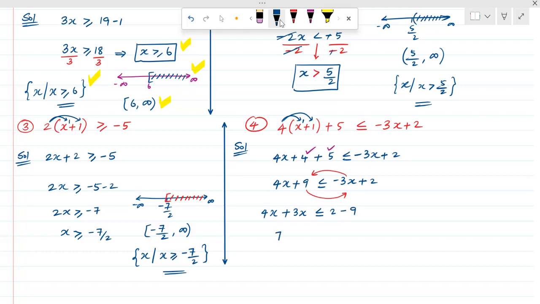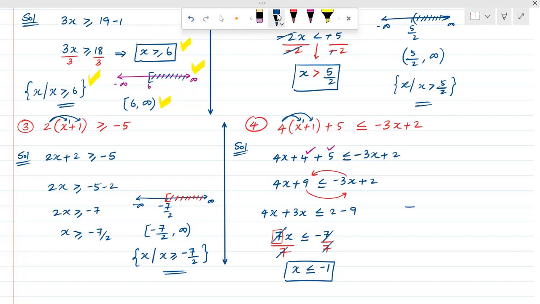So here you will have 7x is less than or equal to minus 7. So you have to divide by the number from here, not from here. I will divide by positive 7, so you will get it cancelled. So x is less than or equal to minus 1.